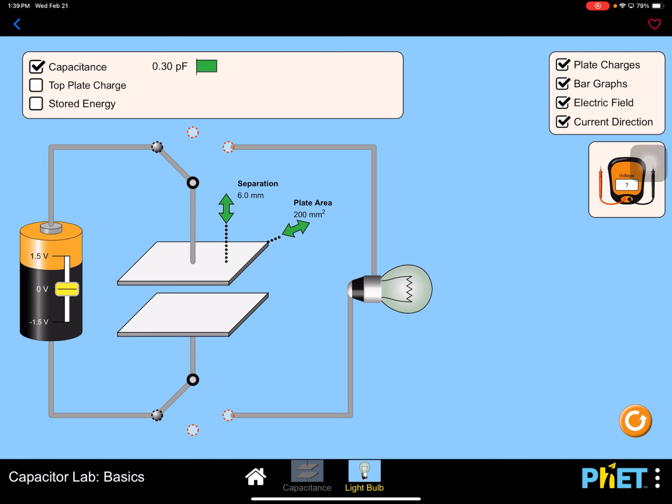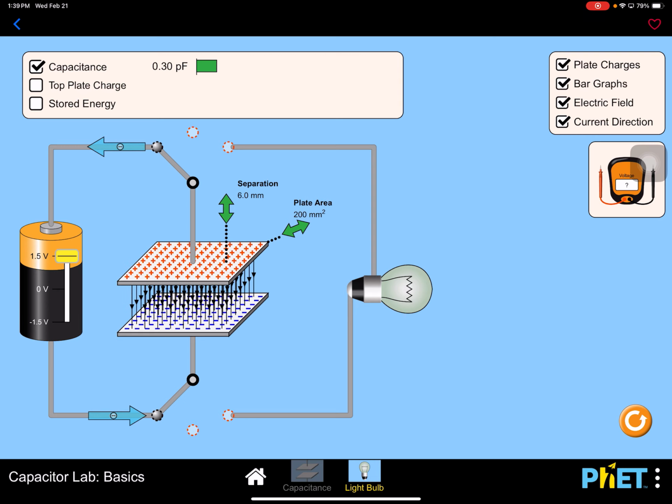Is there any energy stored in that capacitor? No. Now there's energy stored in the capacitor. So the question is, how much energy is stored in this capacitor?